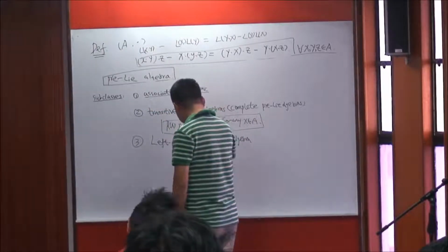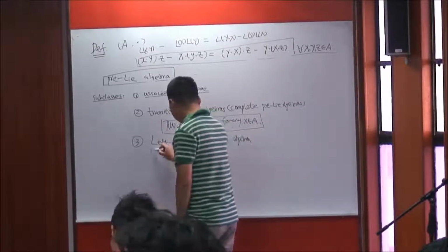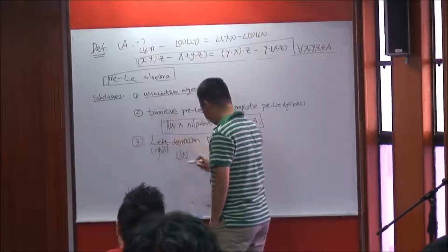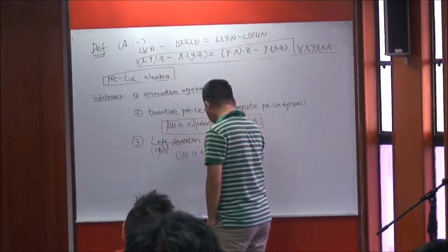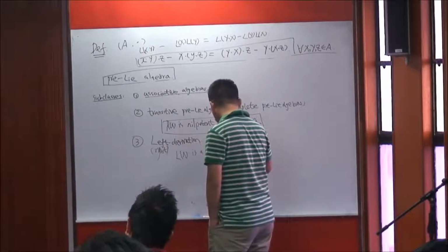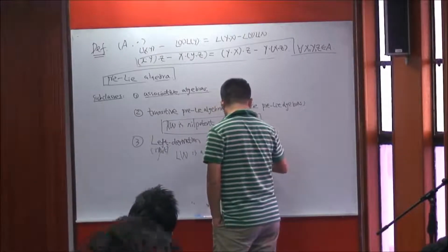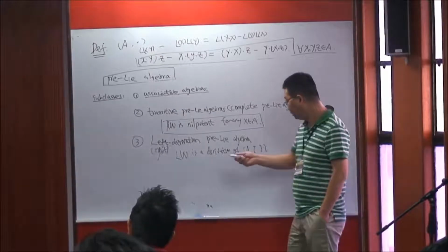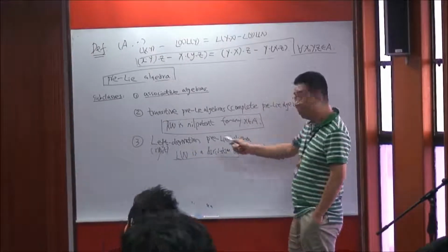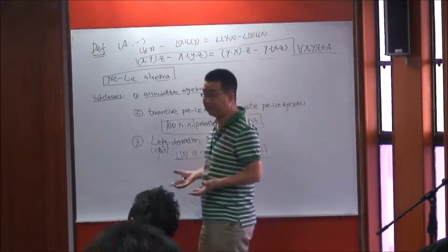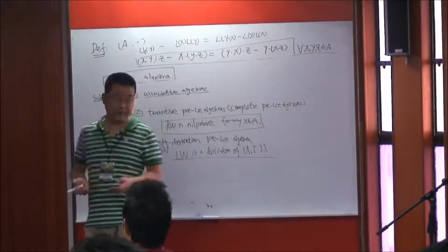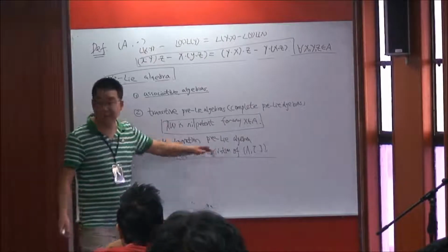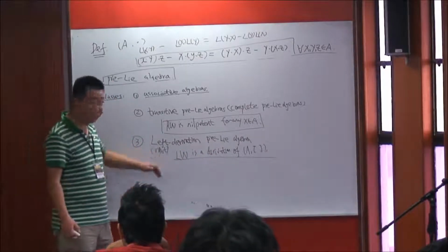It means the left multiplication operator Lx is a derivation of A. This means the left multiplication operator not only gives the representation of the commutator algebra, but is also a derivation of the commutator algebra.